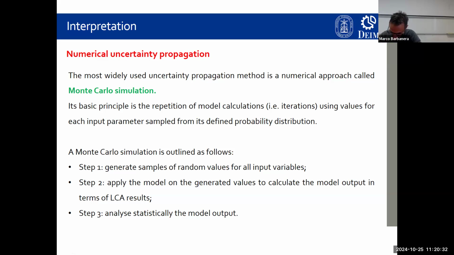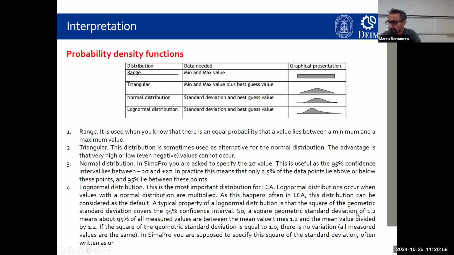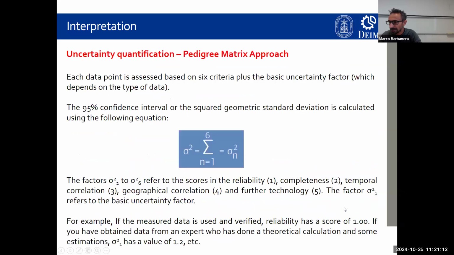So for each data of your inventory, the software randomly defines different values in the range from the mean value times the square standard deviation to the mean value divided by the square standard deviation.